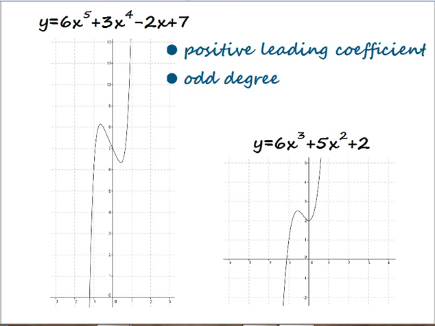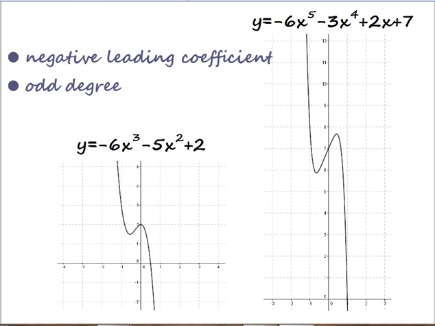Here's some more examples with a positive leading coefficient and odd degrees. They're not identical by any means, but they do have the same basic shape. And here we've got negative leading coefficients with odd degrees.